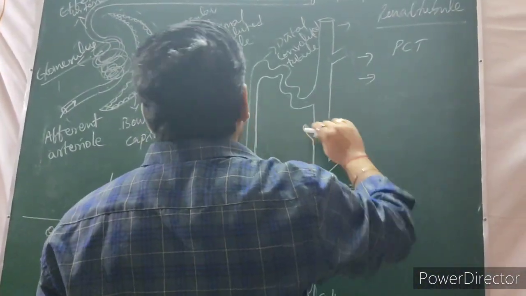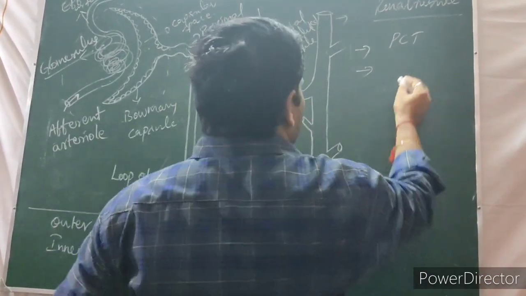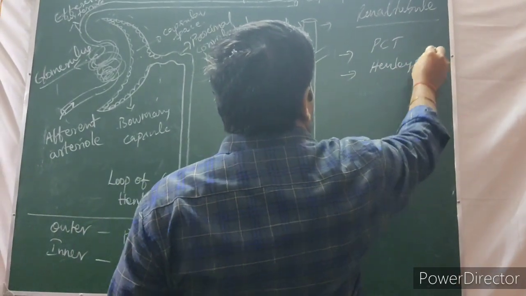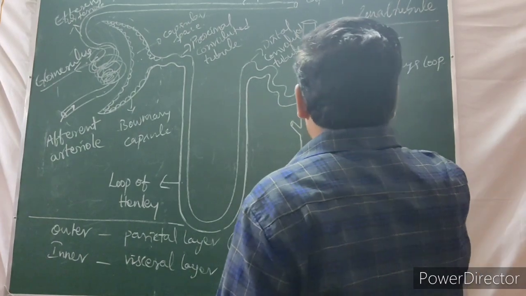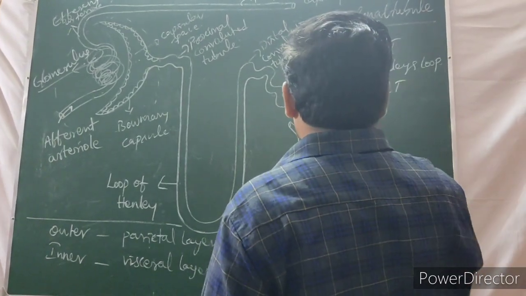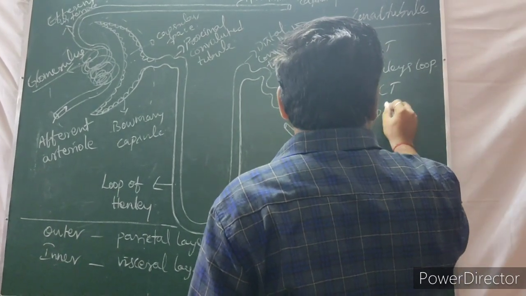The renal tubule has the following important parts: the proximal convoluted tubule, then the loop of Henle, then the third one, the DCT, the distal convoluted tubule, and the collecting duct.